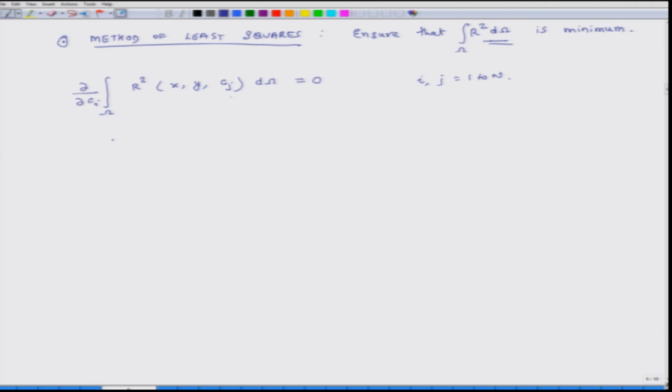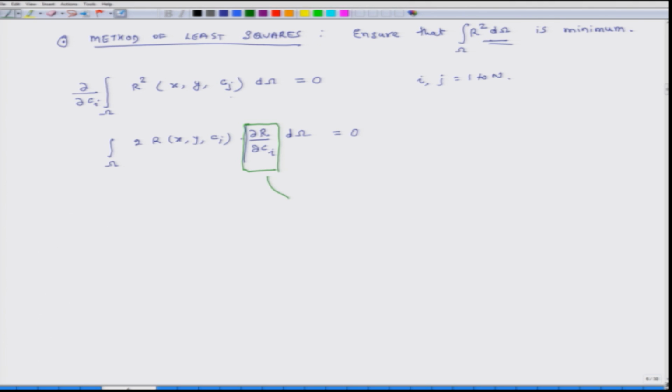What that means is 2 R times the partial of R with respect to Ci equals zero. Look at this term in green.